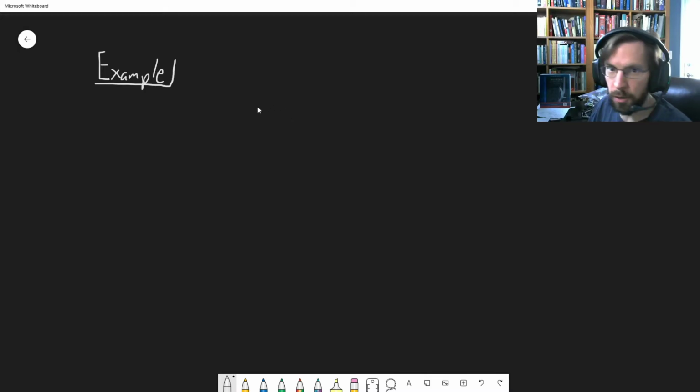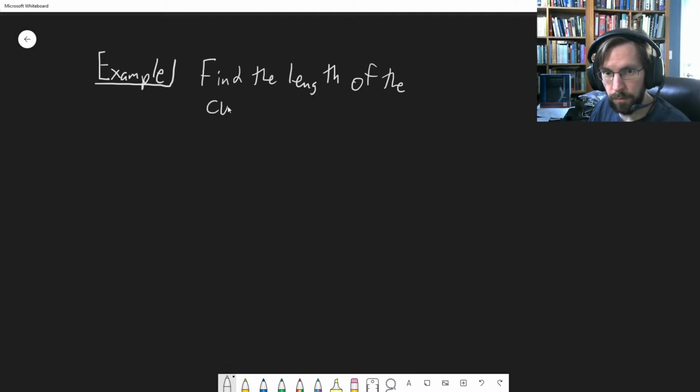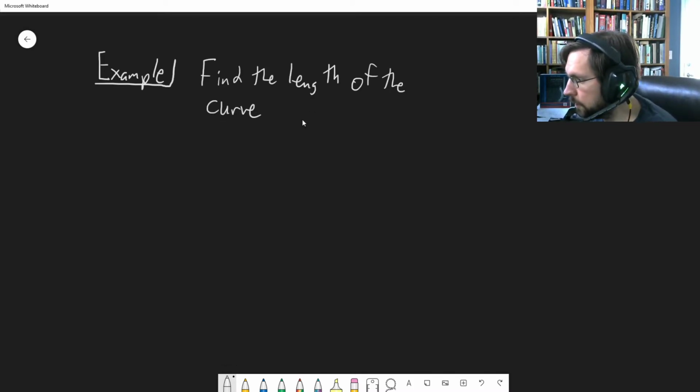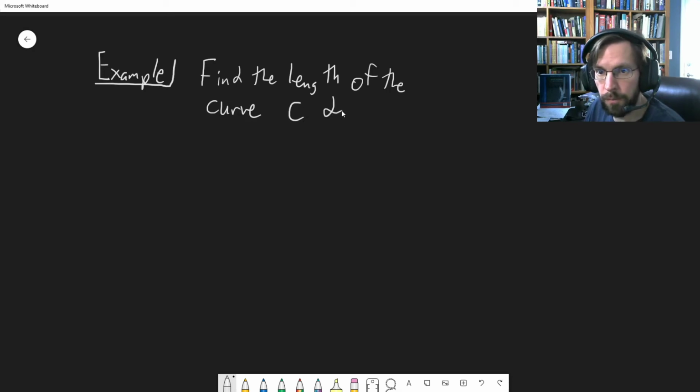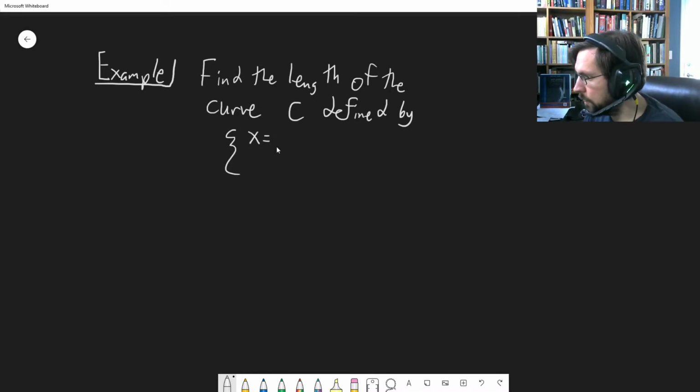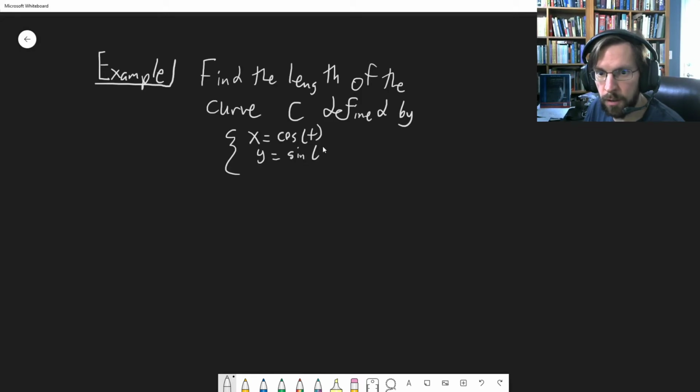Let's find the length of the curve C defined by x equals cosine t, y equals sine t, on the interval from 0 to 2 pi.